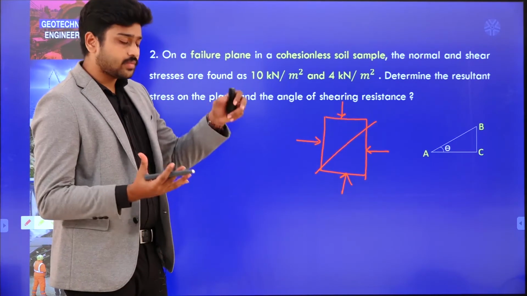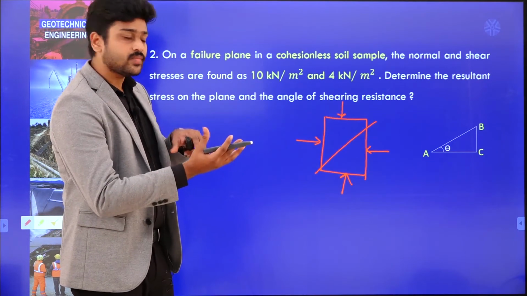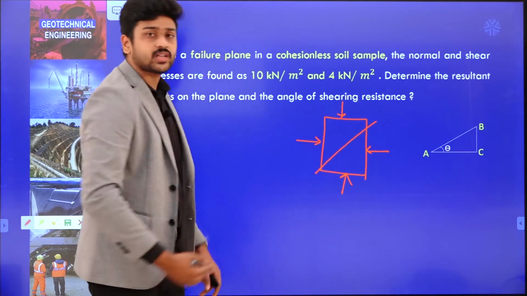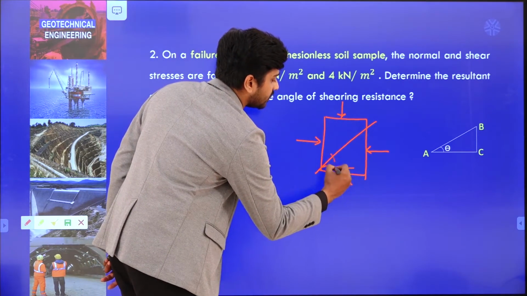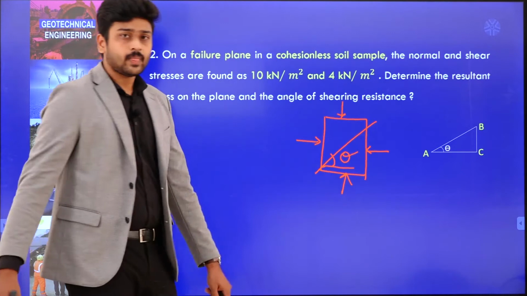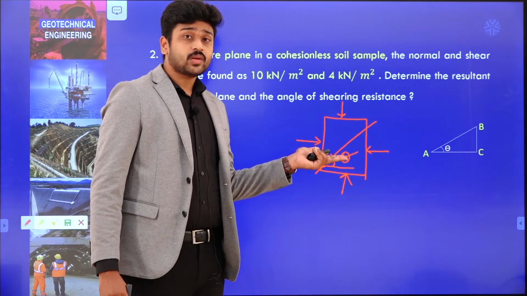After some time, because of this external stress, there will be a small shear and there may be a failure along this particular plane. So, let us say it is making an angle of theta. This is known as the angle of failure plane.